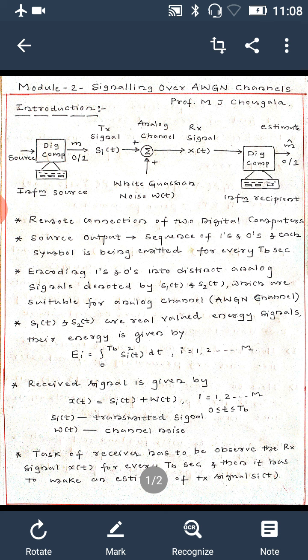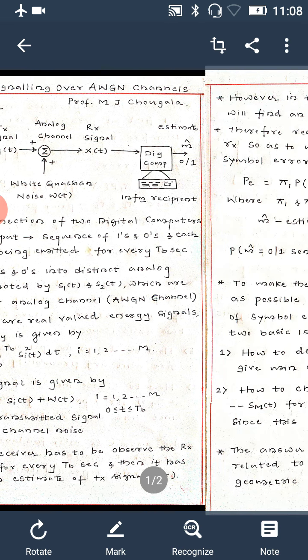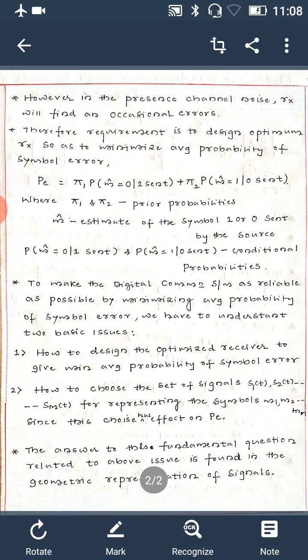That means it has to verify whether the received signal X of t is similar to the transmitted signal or not. However, because of the channel noise, we cannot expect the same transmitted signal at the receiver side. The received signal is obviously different from the transmitted signal, and that gives occasional errors.